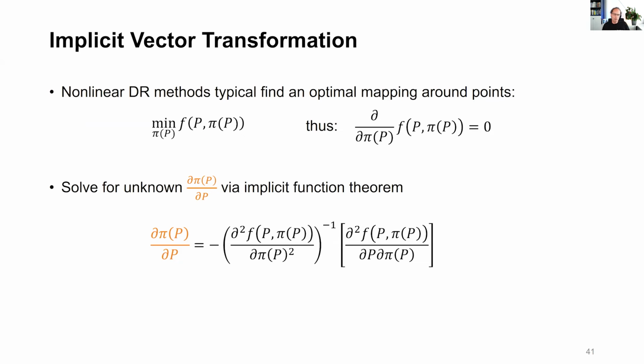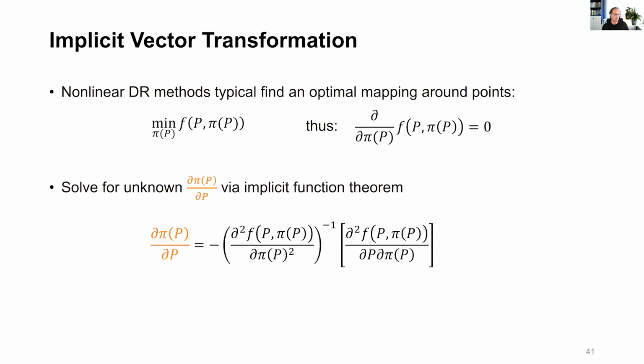So we have to do more. We could do a numerical approximation, something like forward, central, or backward differences applied to evaluations of this function pi. But that's not very accurate. It's also time consuming. So the question is, can we do better than this explicit numerical approximation of the partial derivatives?